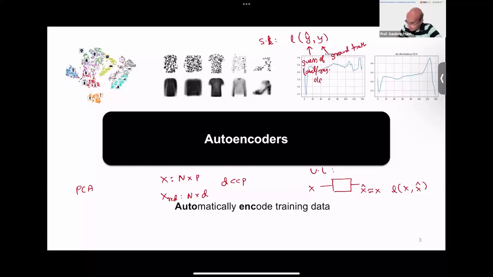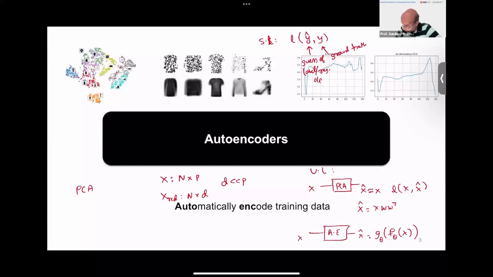So that is what we are doing both in PCA as well as in autoencoders. The only difference is that in PCA, our model for X hat was something like X W W transpose, but in autoencoders, you feed in X, you get X hat, but the model for X hat was that you have a nonlinear function which takes the input X, and then there is another nonlinear function that gives you the guess about the output.